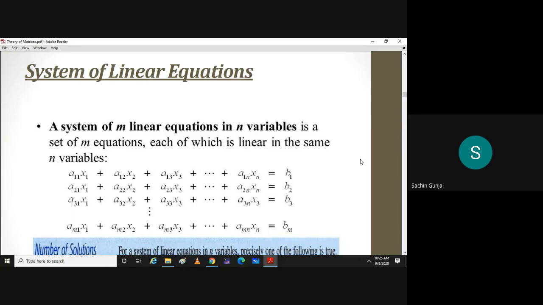What is your first operation, by the way? Change the rows R4 and R1. Right, interchange the first and last row. R1 interchange with R4 so that you will have 1 at the first position. Sir, I have done R1 minus R2, that's fine.